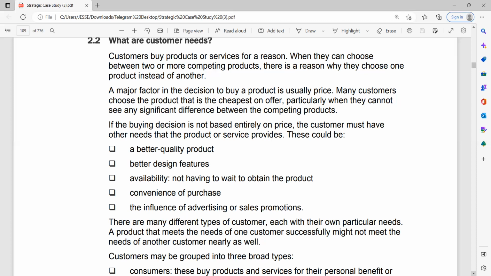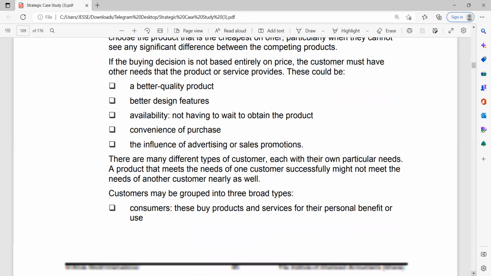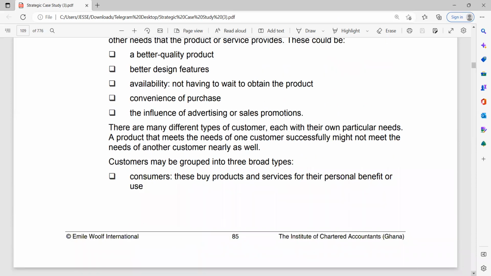So number one could be price, number two could be quality, number three could be availability, how convenient the purchase is, or even how well advertised the product is. So these are all factors that could affect the purchase decision.